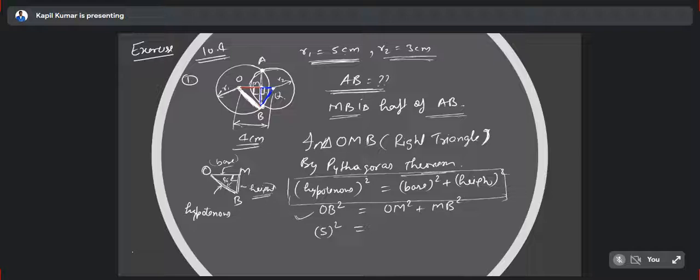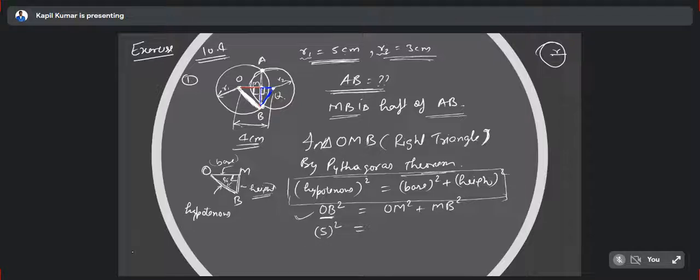Actually, if there is only one circle, we can take R. But as here we have two circles, just for the symbol we take R1 and R2. Okay, these are just symbols, because there are two circles, so we have to take R1 and R2.